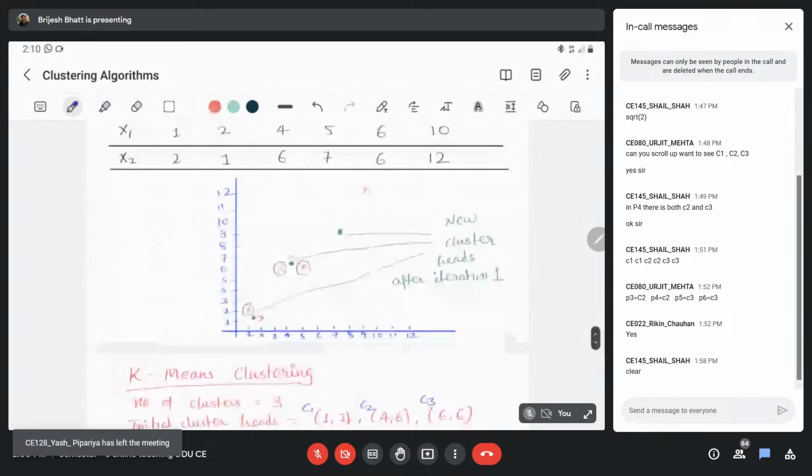Something like this. So 5 into 6 is 30, 7 into 6 is 42, and so on. So calculate the similarity like this and merge the clusters.